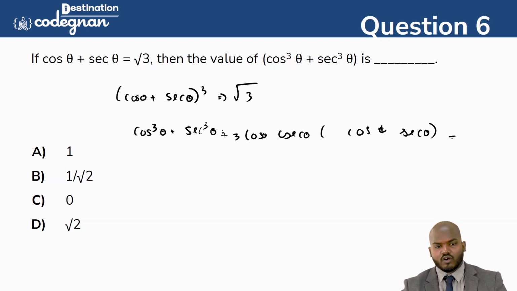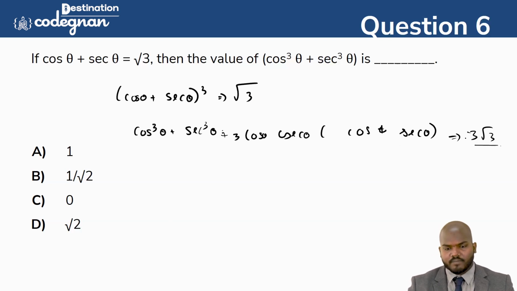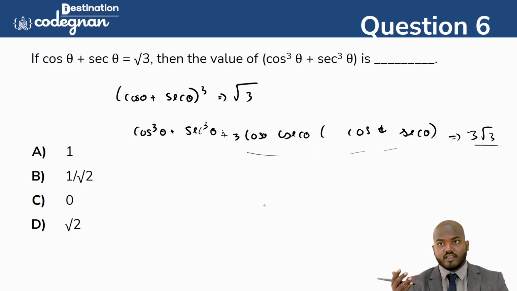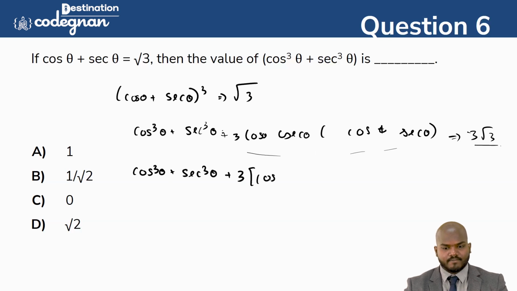This will give me 3 root 3 here. So cos cube theta plus secant cube theta, you can directly write the value as 3 root 3. That is, cos cube theta plus secant cube theta, plus 3 times cos theta times secant theta.